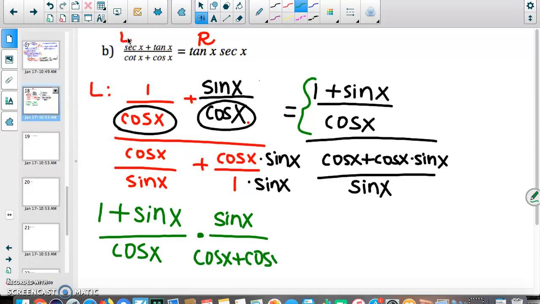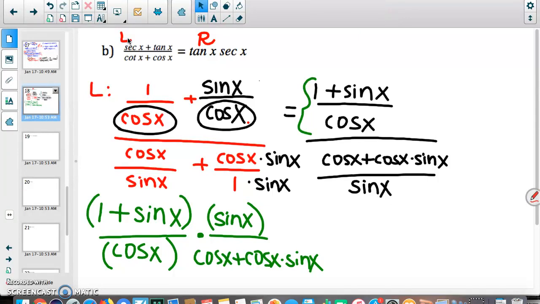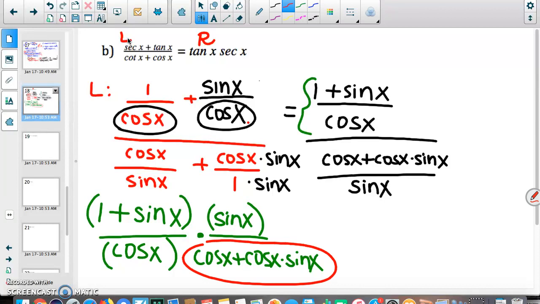Okay, and obviously I would like to cancel some things out, but hopefully we are getting to know that we need multiplication, only multiplication, in order to cancel things out. So let's try to factor this denominator right here, and I notice that they each have a cosine term. So let's factor that cosine out of the denominator.